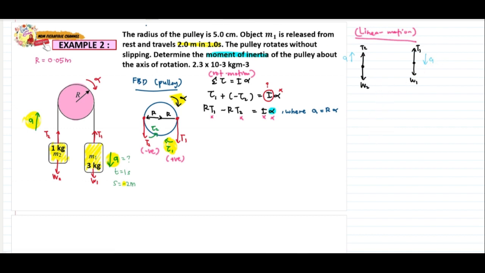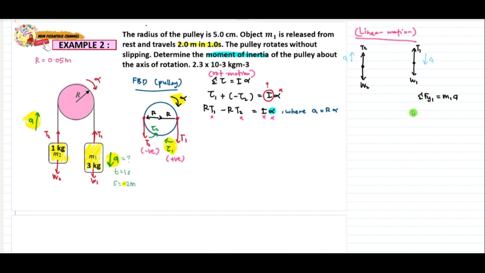So kalau kita tulis equation, T1 first. Total Fy, you belajar chapter 4, equal to M1A. This is linear motion.